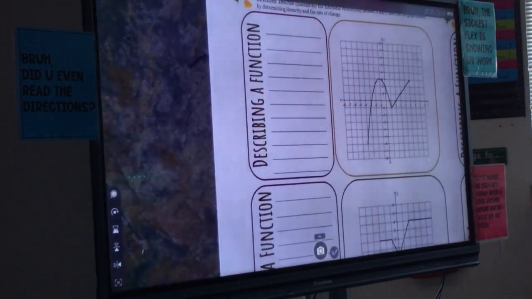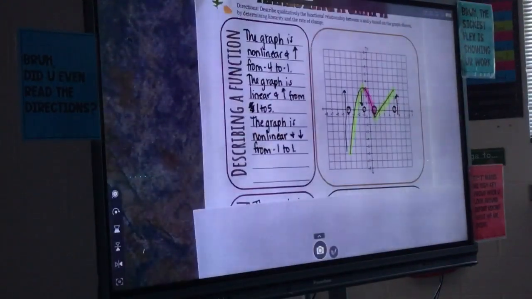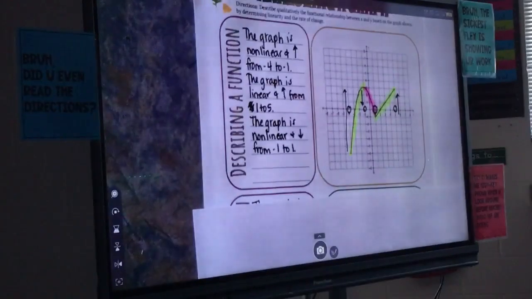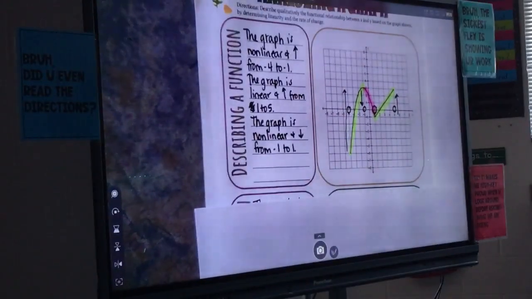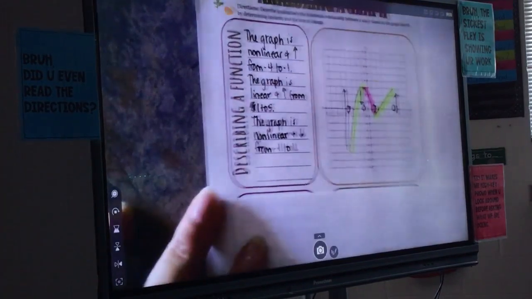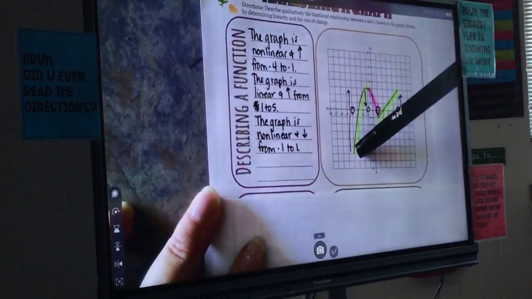So here's an example of the expectation for your homework today. This is the first one. You have it highlighted or annotated, whatever you want to call it, with the colors that you use today. And you are explaining, so it says the graph is nonlinear and increasing from -4 to -1.